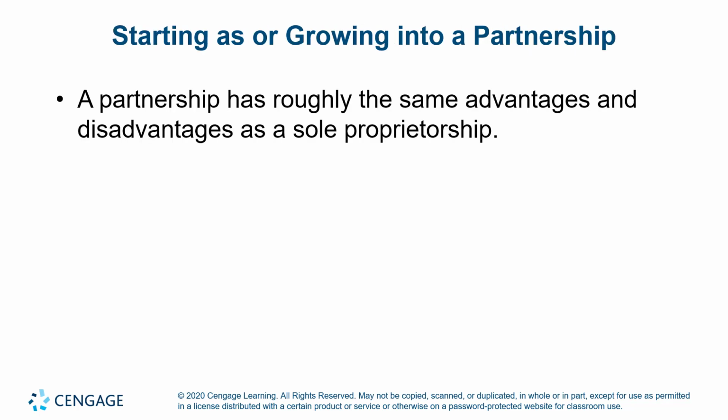The other form of business organization is the partnership, and partnership has roughly the same advantages and disadvantages as a sole proprietorship. A partnership exists whenever two or more persons or entities associate to conduct a non-corporate business for profit. And regarding liability, partners potentially can lose all of their personal assets in the event of bankruptcy because each partner is liable for the business debts.